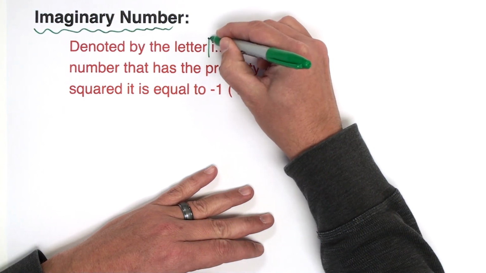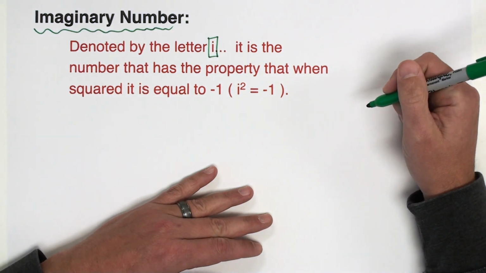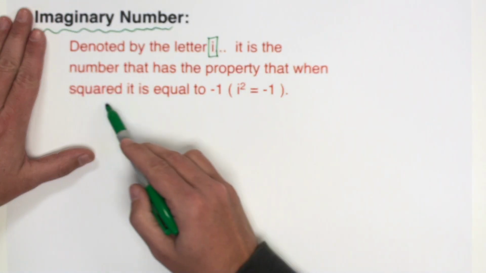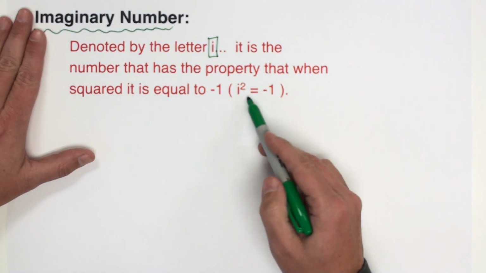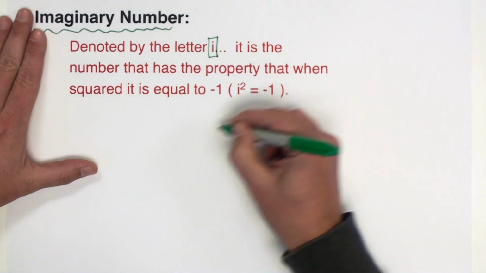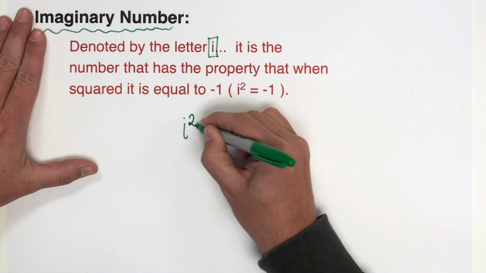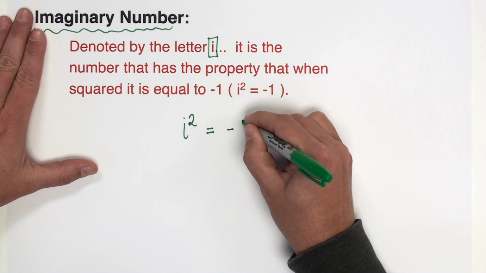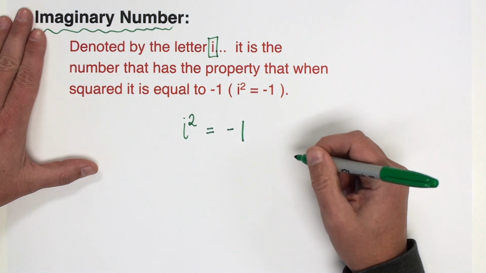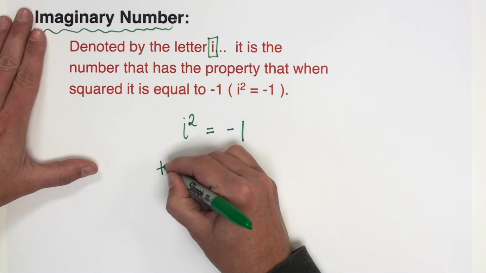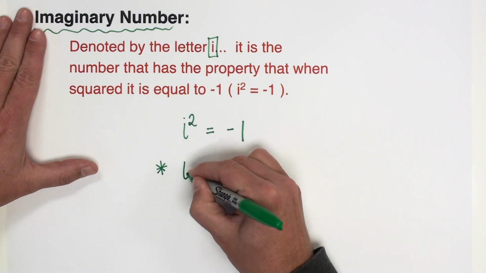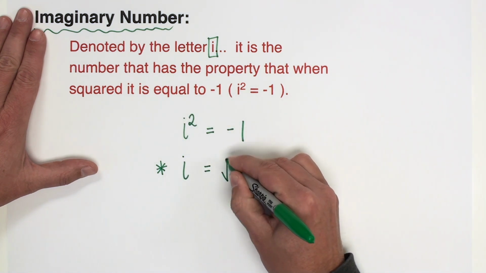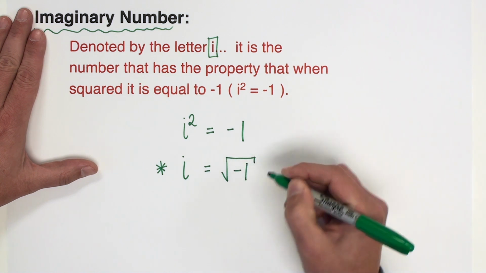We denote them with simply the lowercase letter i, and it's simply a number that has the property that when squared, it's equal to -1. So we created a number that has the property that when squared, it equals -1. Now that in turn gives the property that if I were to square root both sides, i is the square root of -1.